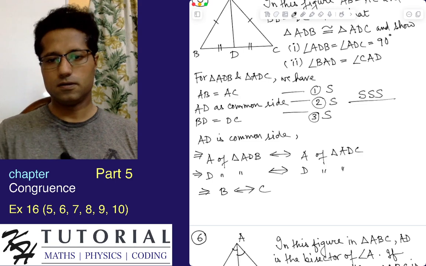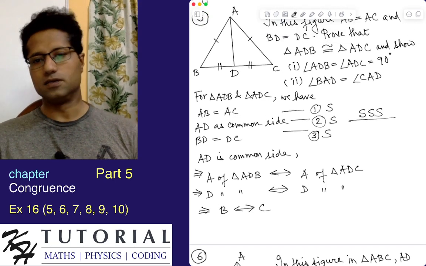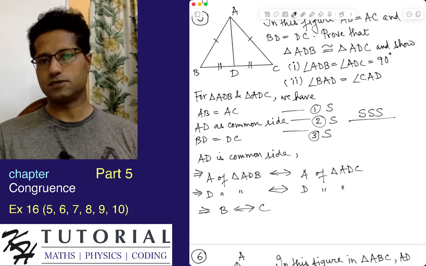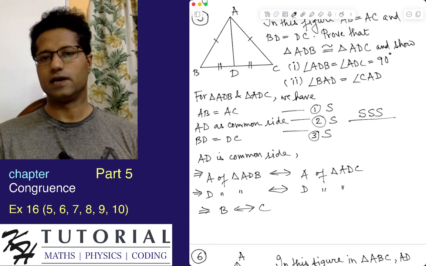Hence, we know the mappings of the vertices ABD in triangle ADB to the vertices ADC of triangle ADC.